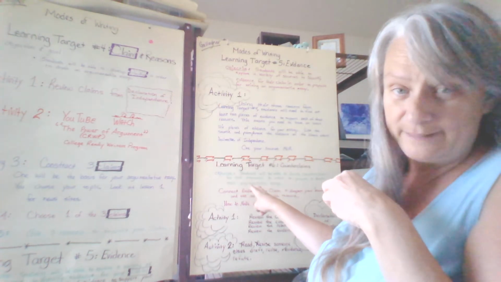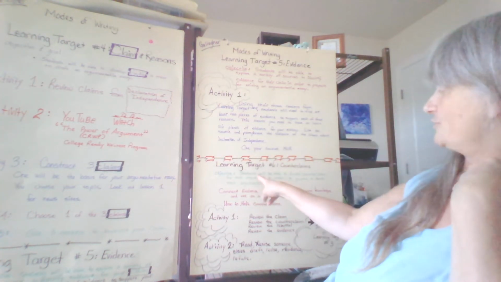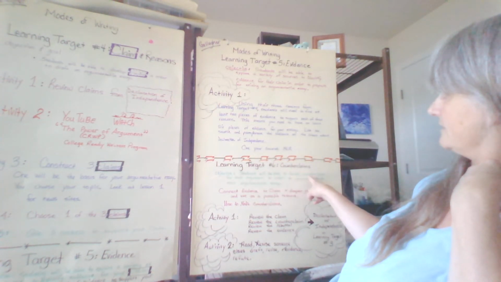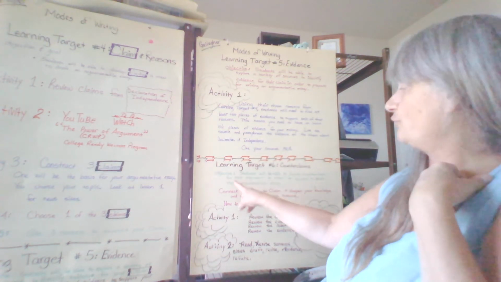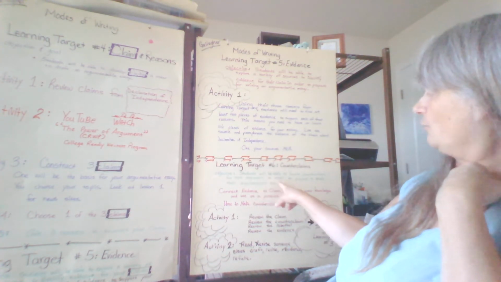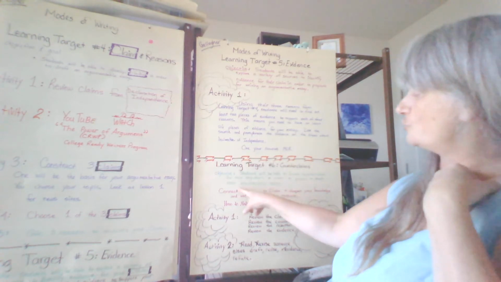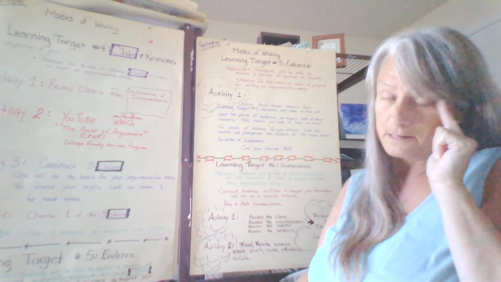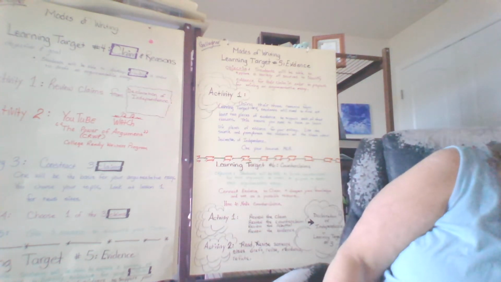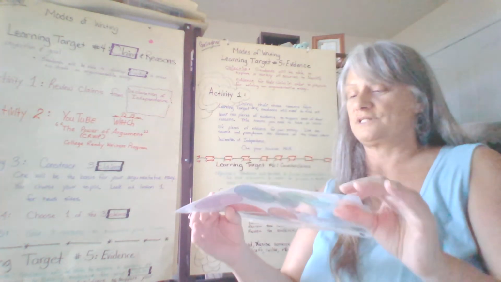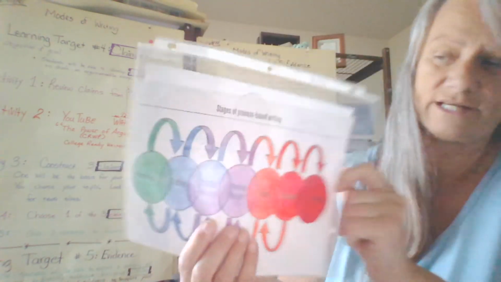Objective for counterclaim for number 6. Students will be able to locate counterclaims for their argument in order to prepare to draft their argument essay. Now that means prepare to draft your argument essay. That means your draft. You are here on the writing process that I use for 6 traits.